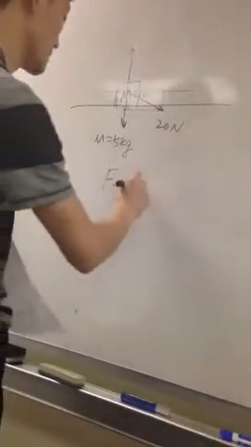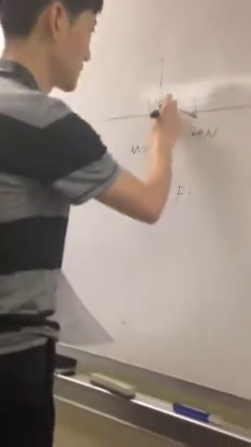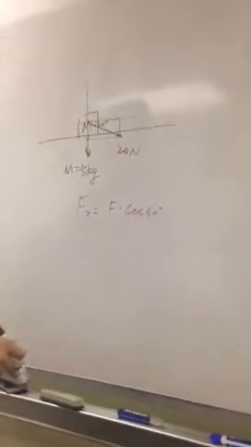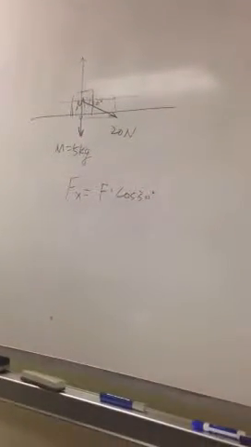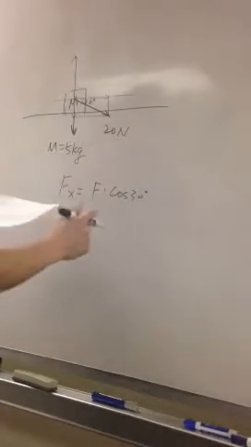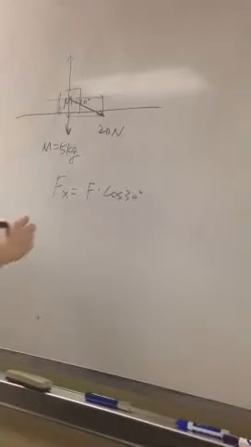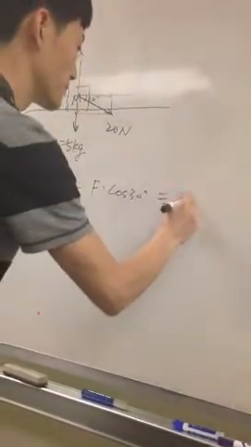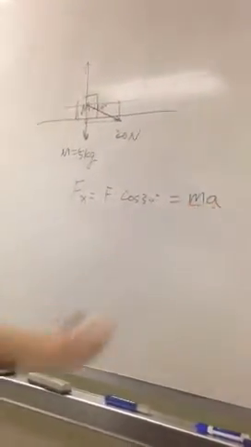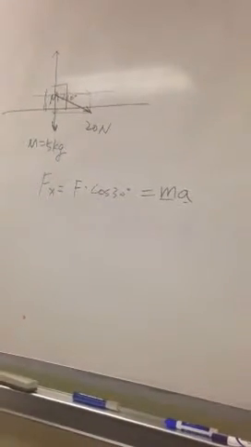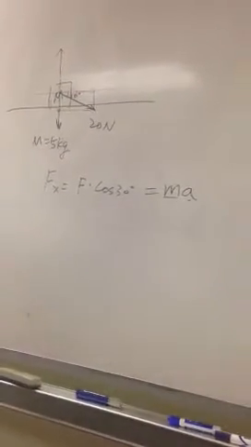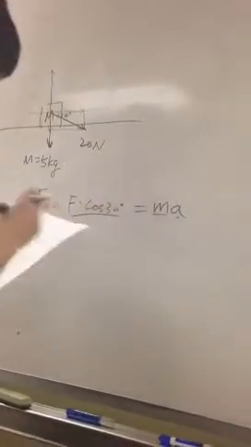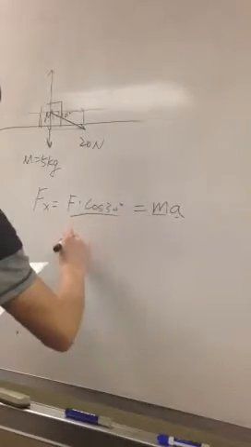Okay. It's gonna be F here is cosine. Okay. And the acceleration, it will equal to mass times acceleration, right? That's F equal to ma. And then we can solve this. Let's see if the answer is correct.